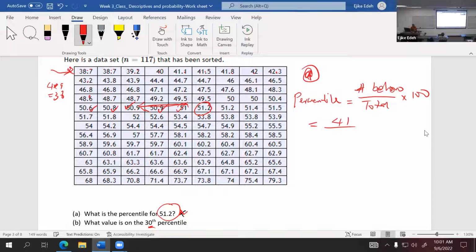So we're using 41. So 41 over the total, which is 117. Multiply that by 100. What do you have? 35.04. Okay. Anybody got something different? So this will be 35.04 percentile.